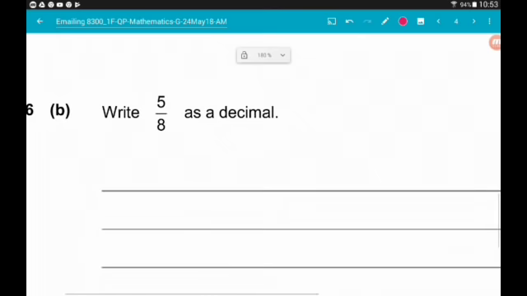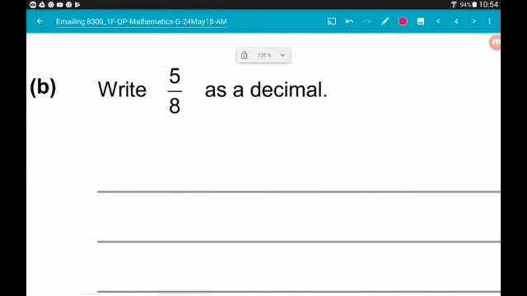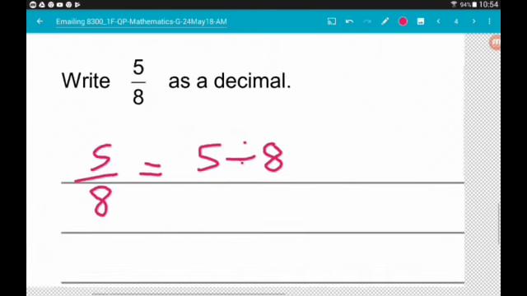6b wants us to write 5/8 as a decimal. So again, the bus stop can help us here. 5/8 is saying 5 divided by 8.